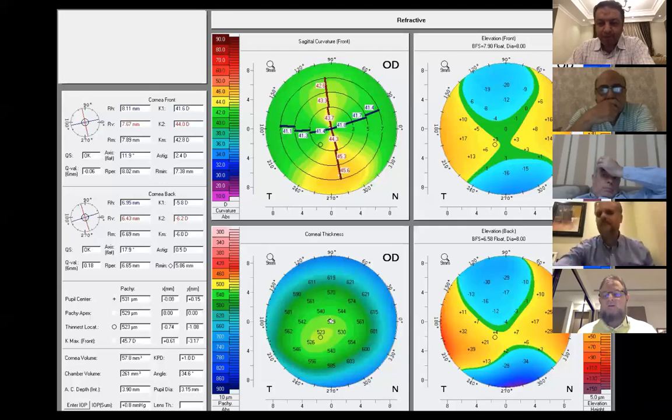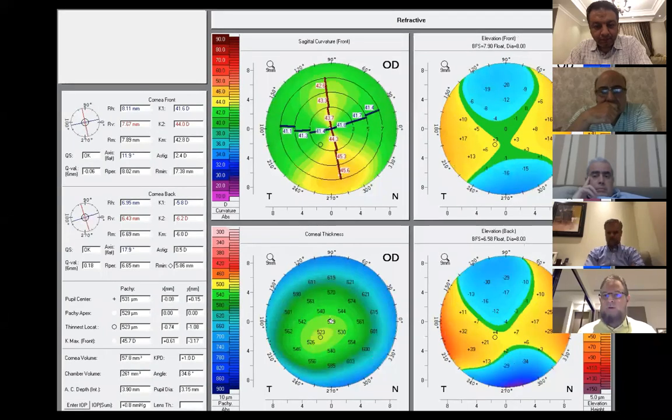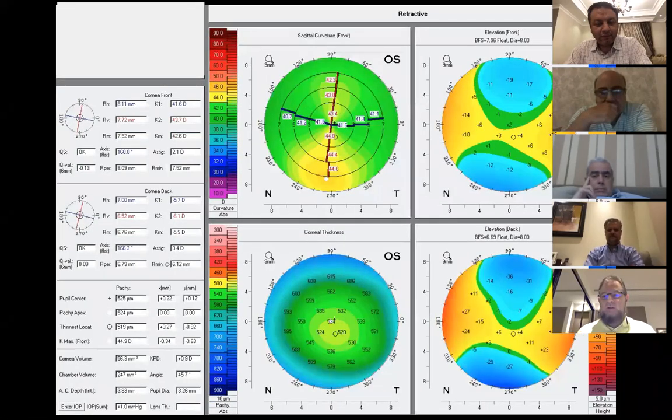Yeah, exactly. So we can say that it is enantiomorphism, because of similar shapes in both eyes. But however, we can classify this as an abnormal anterior curvature map, but the other maps, the elevation maps, are normal, as you see. So this is the right eye and this is the left eye.